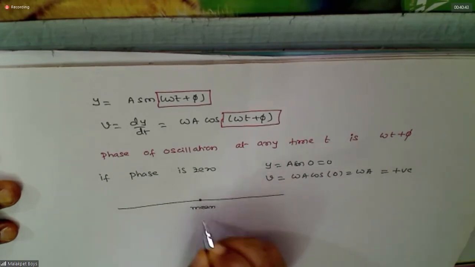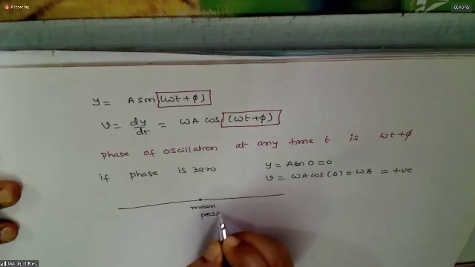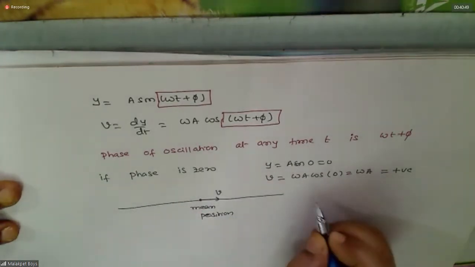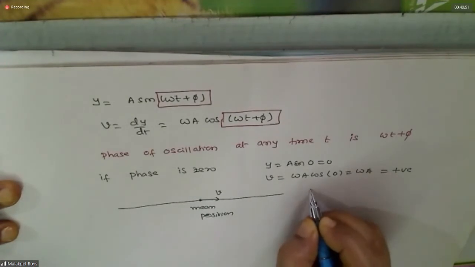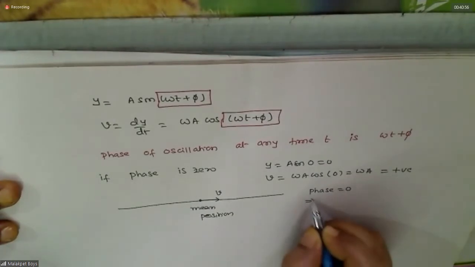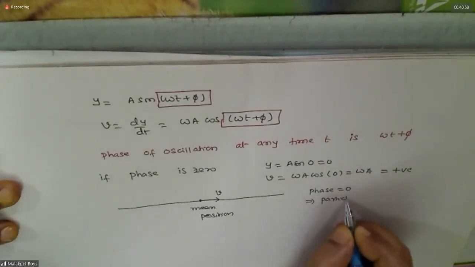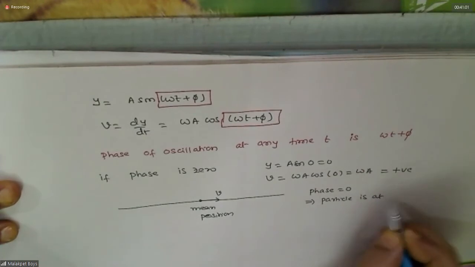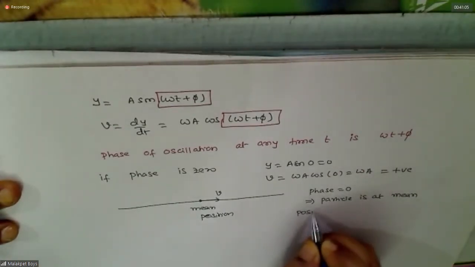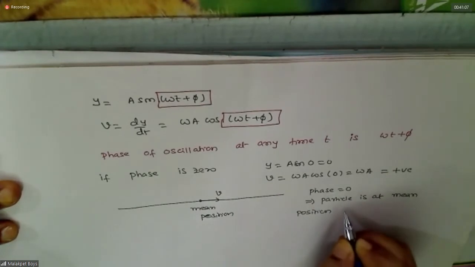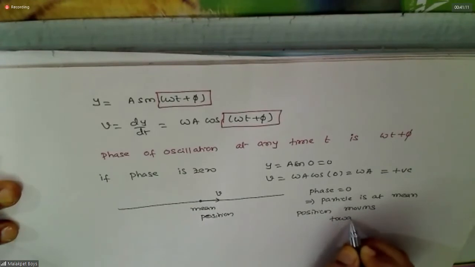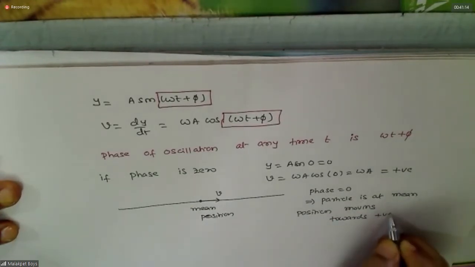Mean position, and velocity is positive, so it is moving this side only. So phase 0 implies the particle is at the equilibrium position, the mean position, moving towards the positive extreme position.